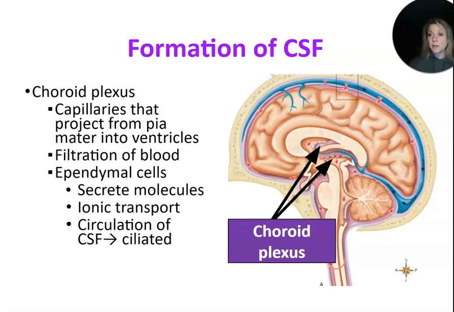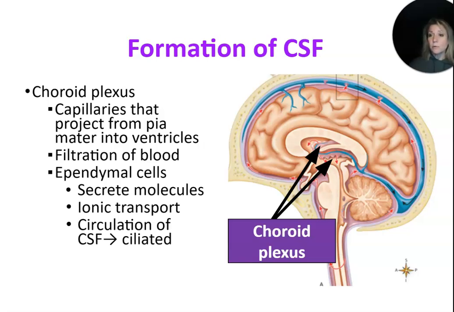Because the ependymal cells are ciliated, the cilia are going to wave and help to circulate the cerebrospinal fluid through the ventricles and around the outside of the brain as well, so that it's always moving and we don't have stagnant fluid in this dark, warm place, maybe hiding infection and causing harm to the brain.